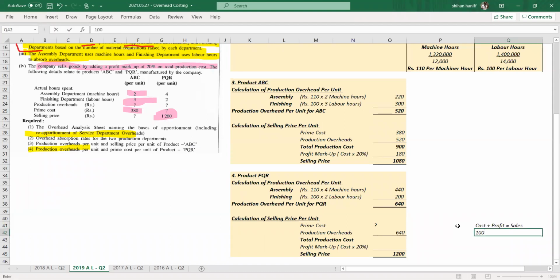The cost is 100. Profit is 20. Sales will be 120. This is the rate, the profit calculation. If the cost is 100, profit is 20. Markup.